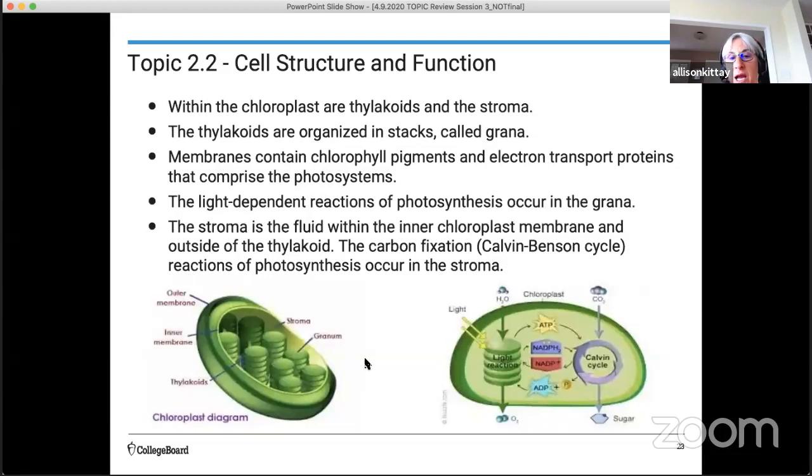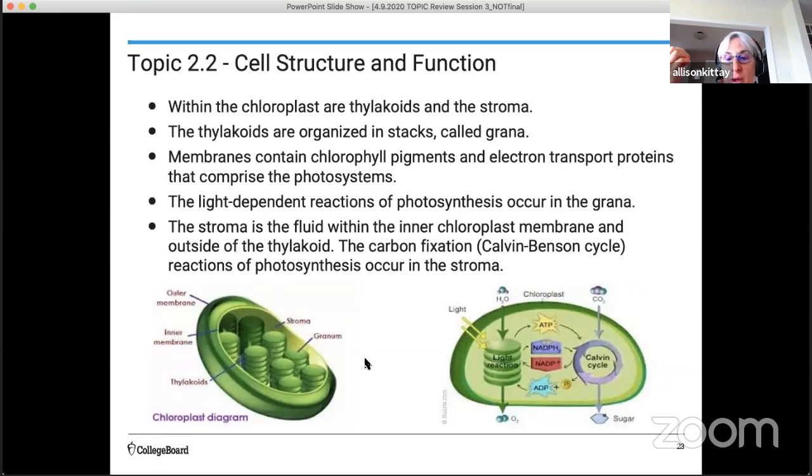Thylakoid literally means stack of coins from the Greek, and so when they're stacked up, we call that stack a granum, and you can see within that chloroplast there are multiple grana. Surrounding the thylakoids is the stroma. Now, the light reactions, where the pigment chlorophyll resides, are in the thylakoid membrane.